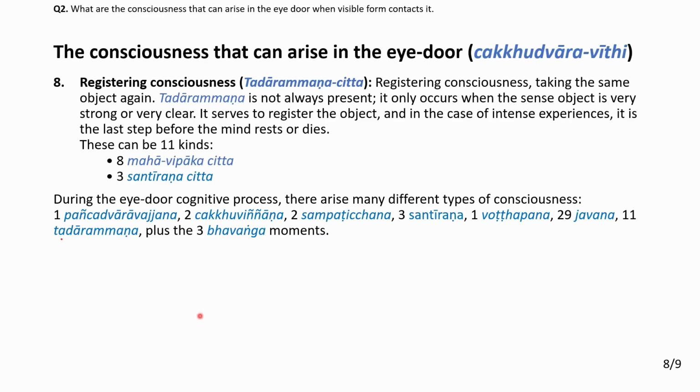With regards to what you are discussing now, why do you put the 3 Bhavanga moments here? Because I shouldn't have used the word moment. Maybe I should say three Bhavanga citta. Your statement is about different types of consciousness, and you give the number of citta, like Panchadvaravajjana, you have one, Cakkhuvinnana, you have two.